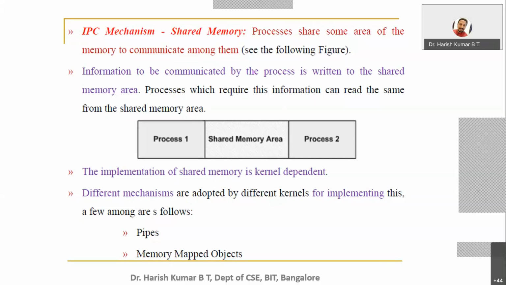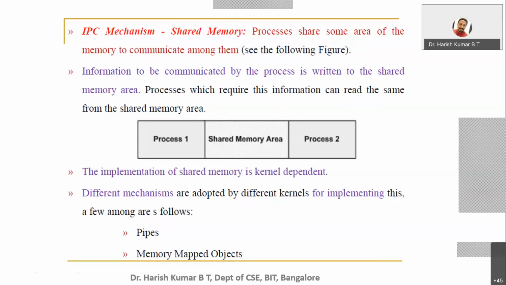Ultimately, this is the same. Here, instead of buffer, I'm calling it shared memory, and the buffer is also present inside the memory. So when I say buffered communication, it is also a kind of shared memory communication, because the producer and the consumer both share the same buffer and the same in and out pointers.